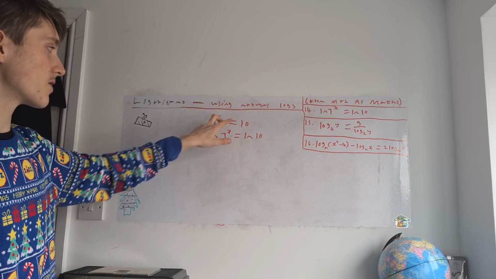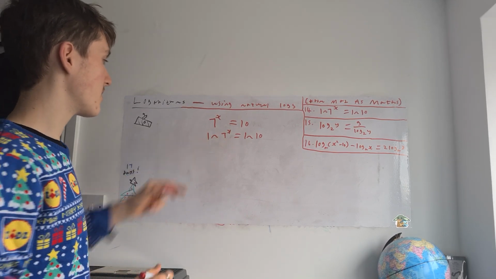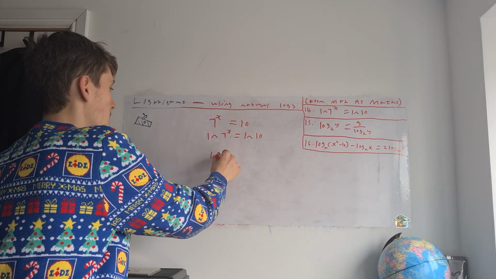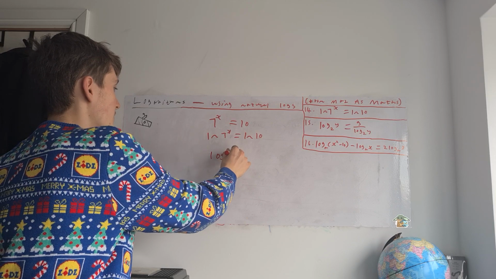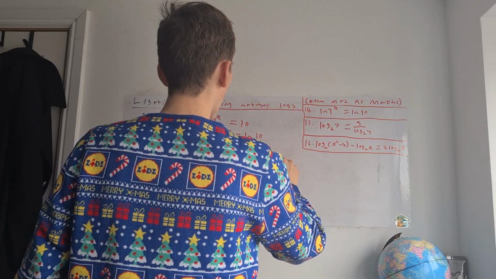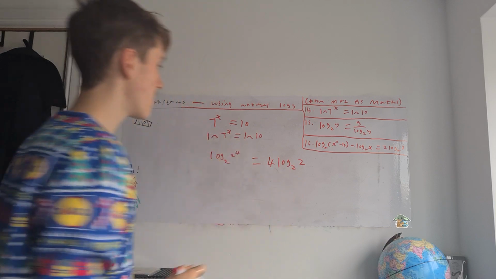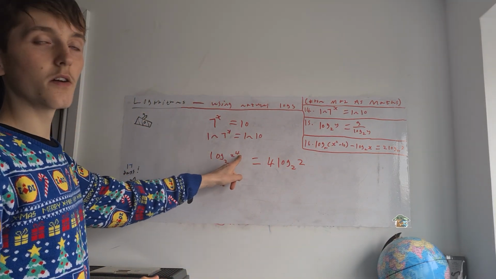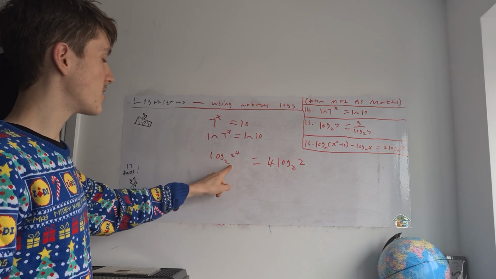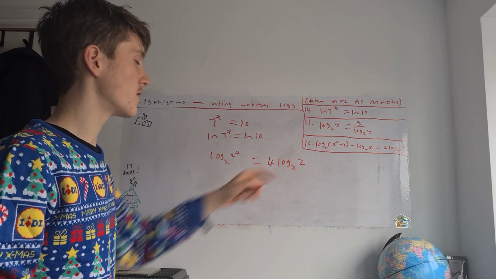And you can actually now use this, because obviously from our last video we know that if you have, say, log base 2 of 2 to the 4, that's equal to 4 log base 2 of 2. You just bring the power down to multiply the logarithm. So log base 2 of 2 to the 4 is equal to 4 times log base 2 of 2.